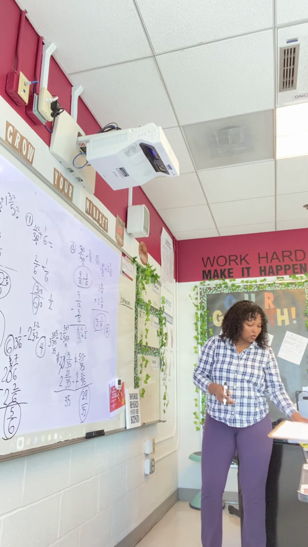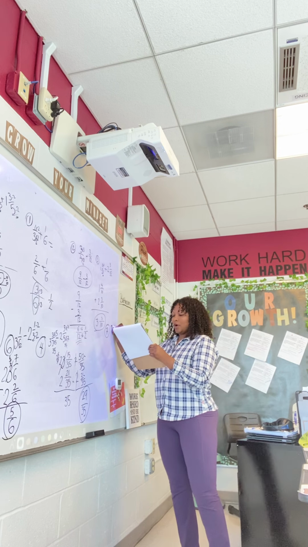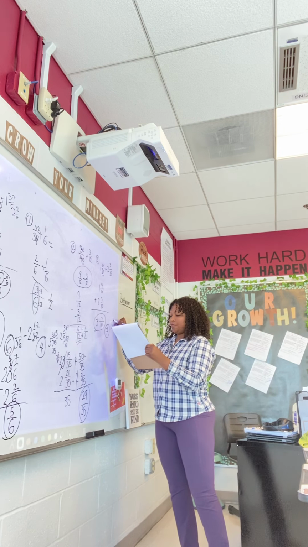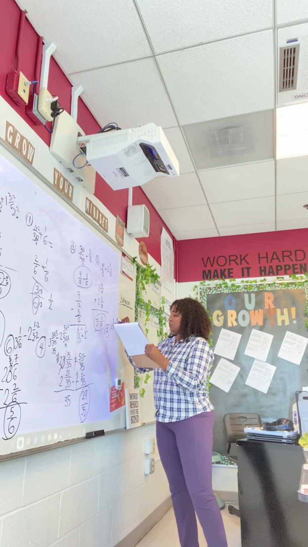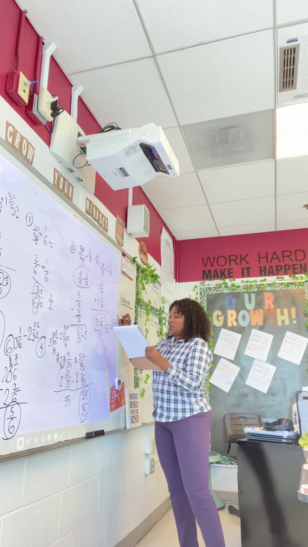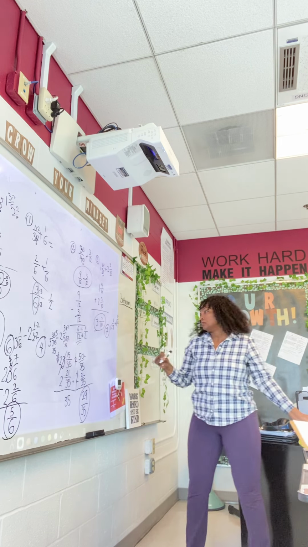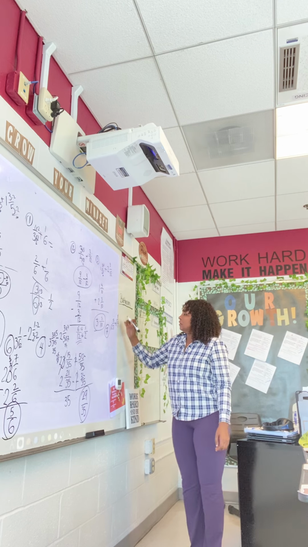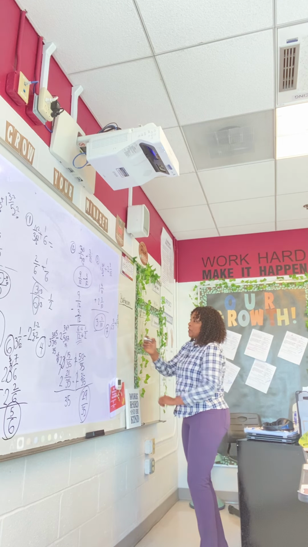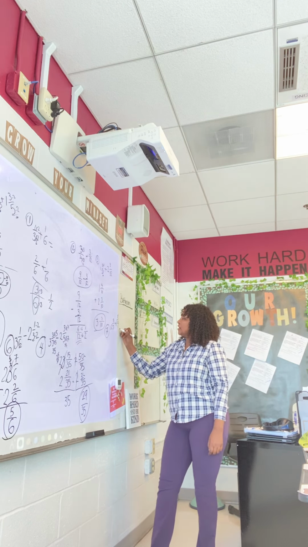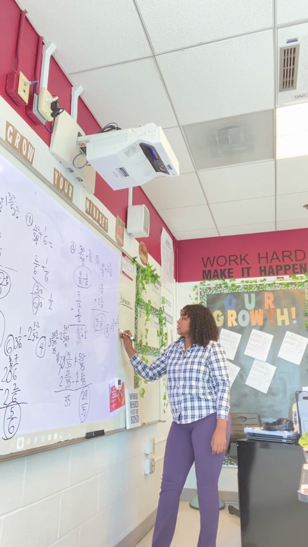All right, let's go to number 7. It is 12 and 5/7 plus 1 whole and 1/4. Let's see what we have here. We have 7 here and 4 here. How do I do this?